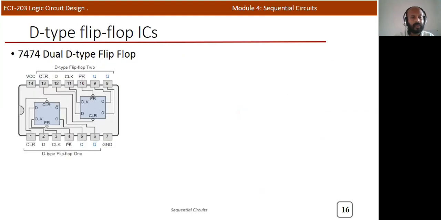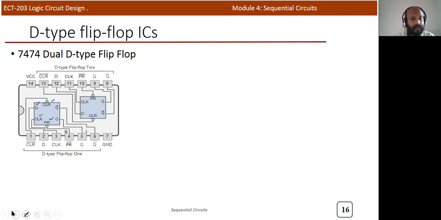So this is one practical IC which is used as a D flip-flop. If you buy a 7474 IC, it contains two D flip-flops. You can see the D input, clock signal, and this is a clear signal and preset signal, and clear and preset are active low signals. So when you apply active low 0 here, the Q output is equal to 1.